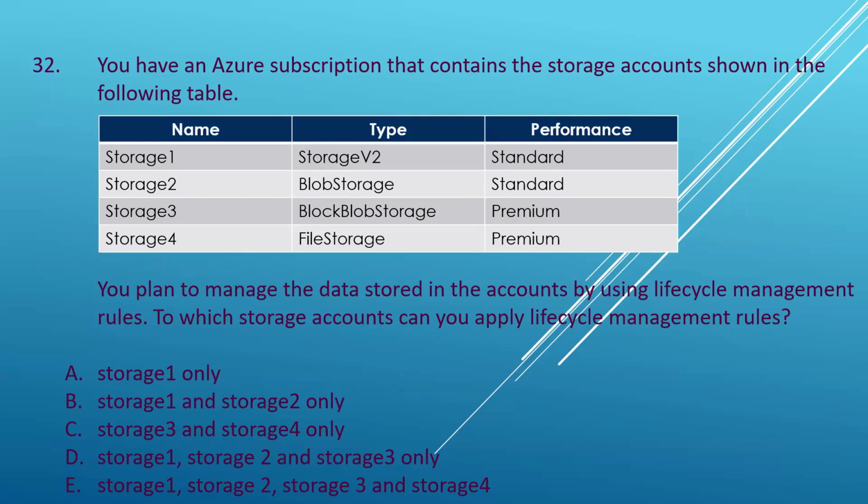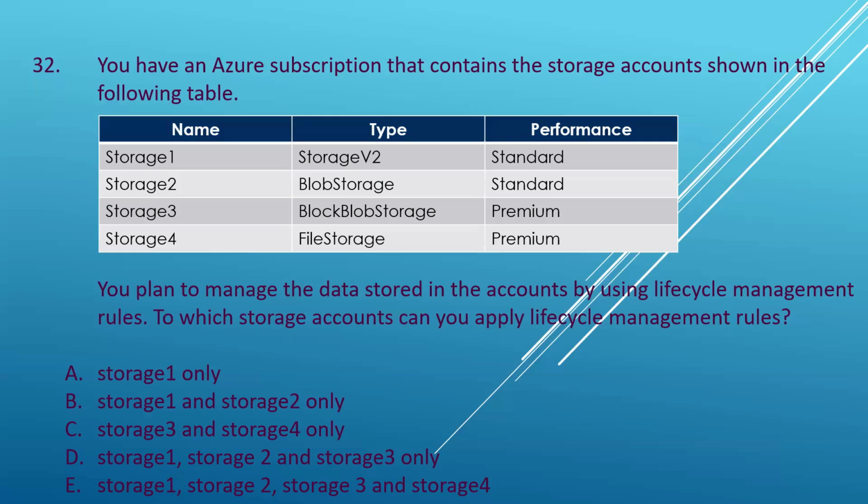You need to choose which storage accounts the lifecycle management rules can be applied to. Your options are storage 1 only, storage 1 and 2 only, storage 3 and 4 only, storage 1, 2 and 3 only, storage 1, 2, 3 and 4 only. Basically, the last option has all the storage accounts listed.